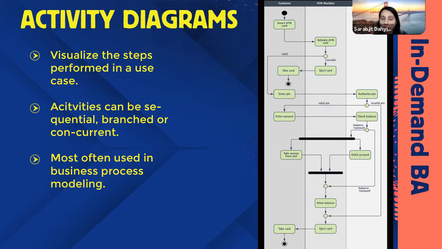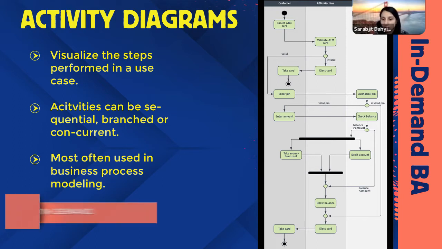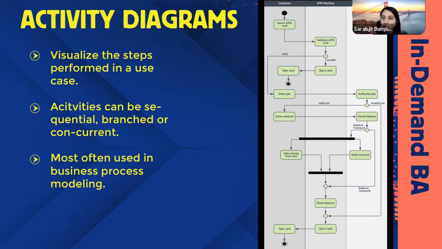I think this is money withdrawal from an ATM. Activities can be sequential, branch, or concurrent, most often used in business process modeling. As a business analyst or PM, these are the diagrams that we typically do for as-is and to-be diagrams, to make sure that we're capturing the complete process as it's happening today and as it needs to happen in the future.